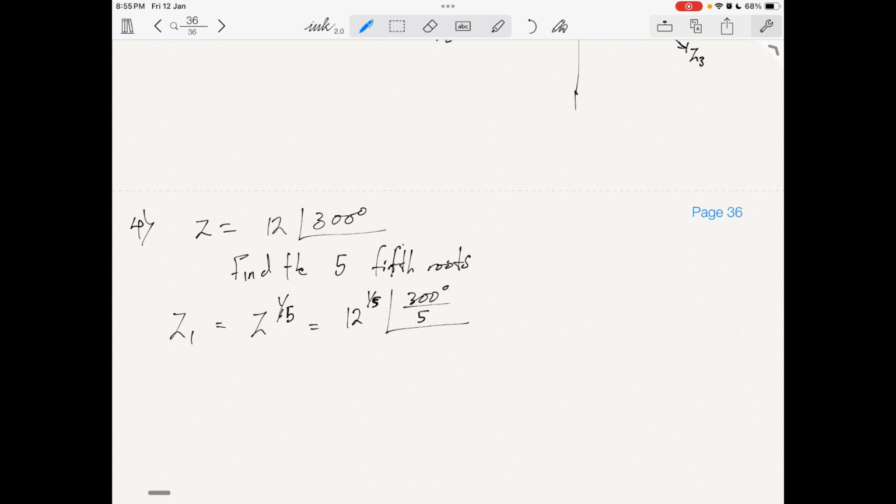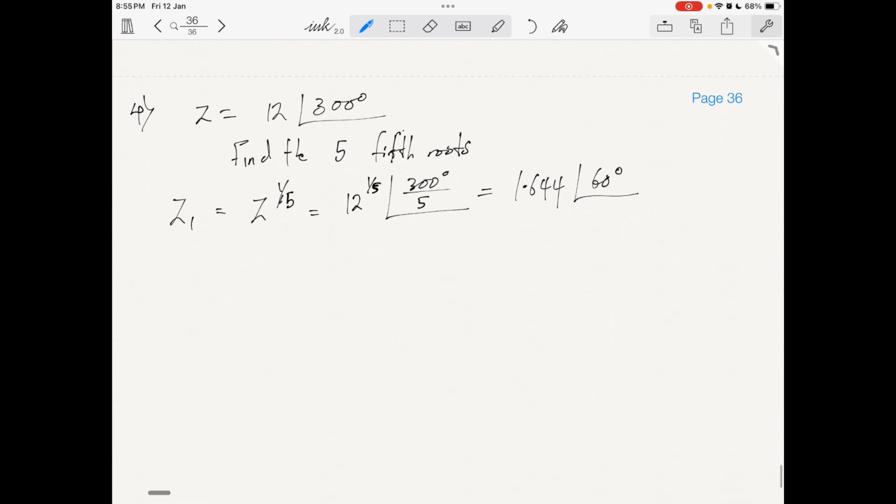So in essence, 12 raised to power 1 over 5, using your calculator, the fifth root of 12 is 1.644, and 300 divided by 5 is 60 degrees.